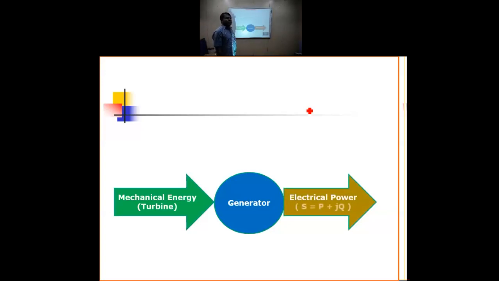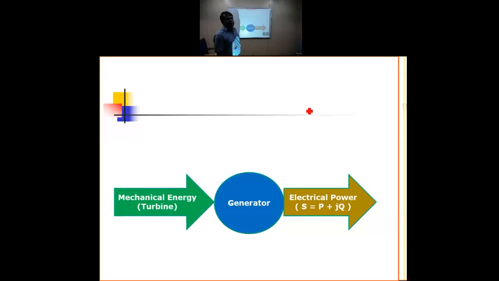And you know that electrical power is not a simple power. Rather, we write electrical power as S = P + jQ. P is the active or real power, and Q is the reactive power.